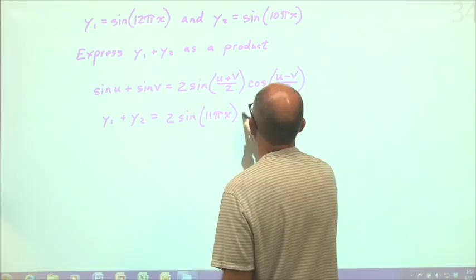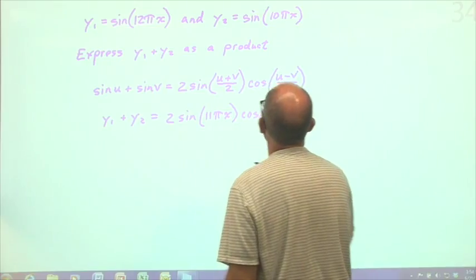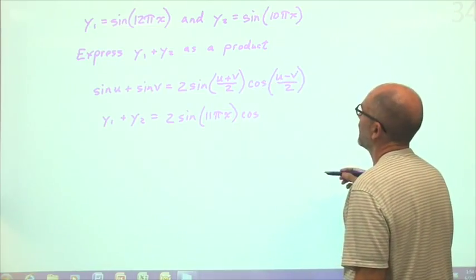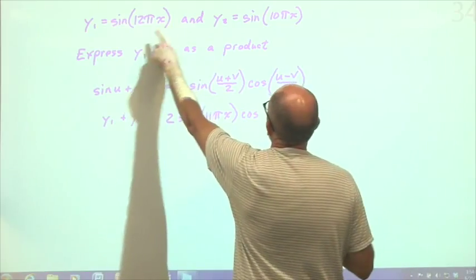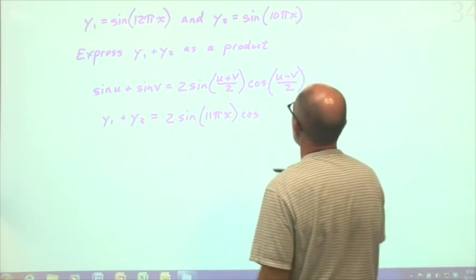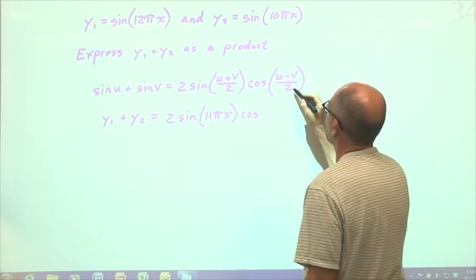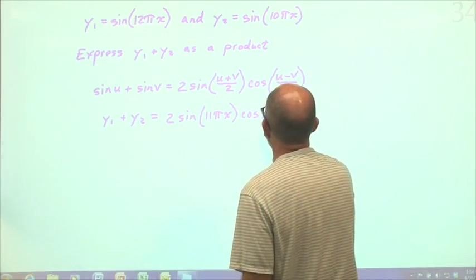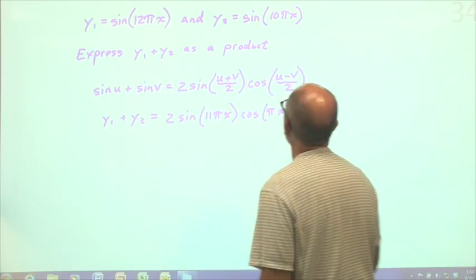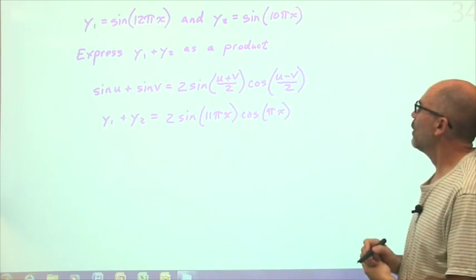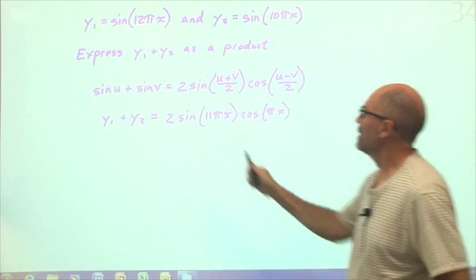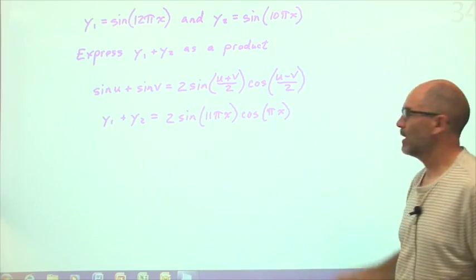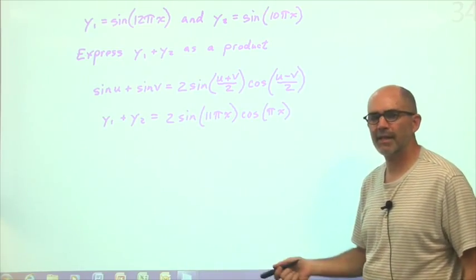And cosine u minus v would be 12 pi x minus 10 pi x, which is 2 pi x, over 2, which is pi x. So notice we've now written this sum as a product. Piece of cake.